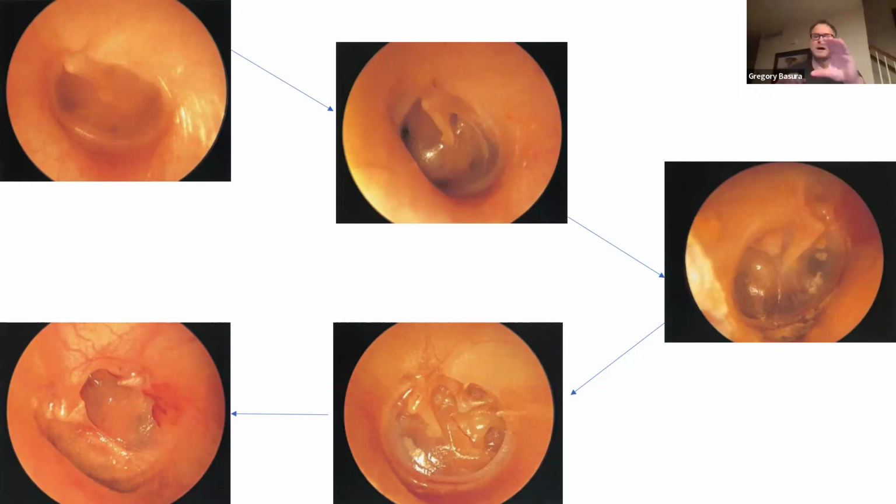The annulus is at the bottom of what? The tympanic aspect of the temporal bone is what forms where the ring will be. Is that what you mean?